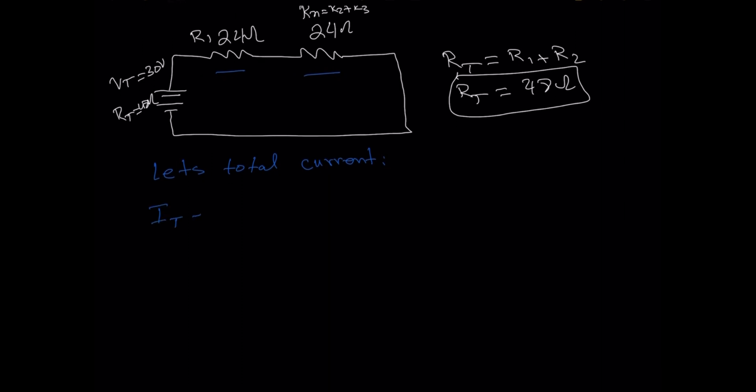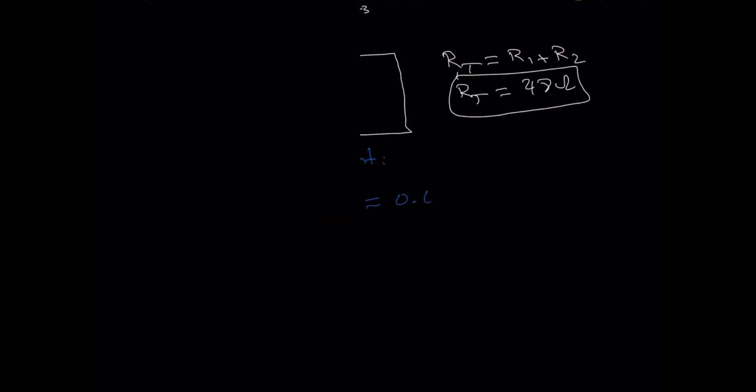I total, from Ohm's law, will be VT over RT. VT is 30 volt divided by 48 ohms. That will give me 0.625 amp.